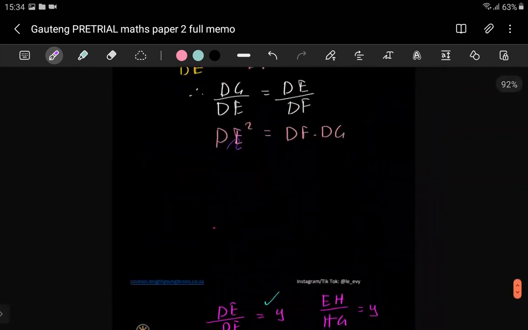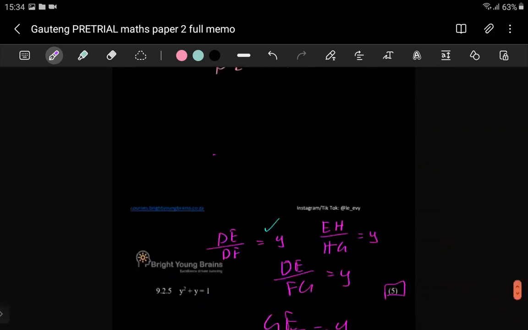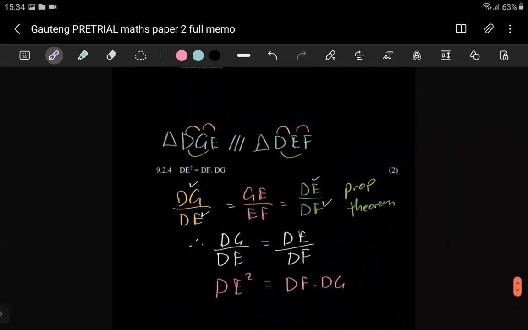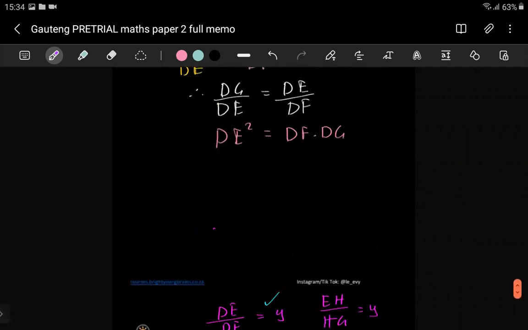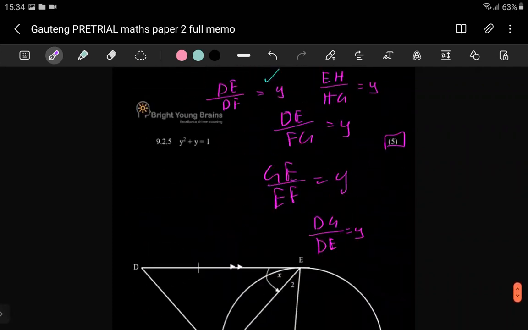This is DE squared, which does not really help with anything. Y, if you flip it over, is going to be 1 over y. This is interesting. If you flip something over, it becomes 1 over y. Let me just pause and actually think about this question.